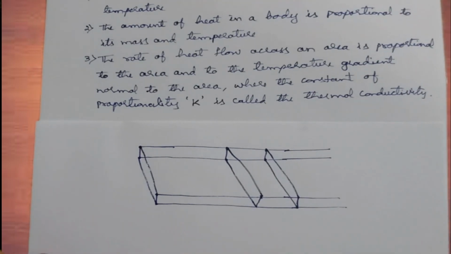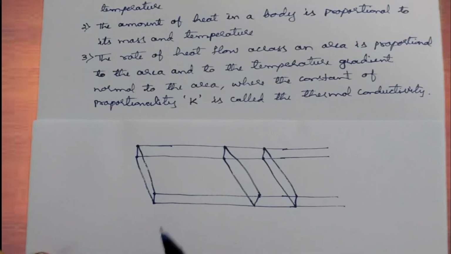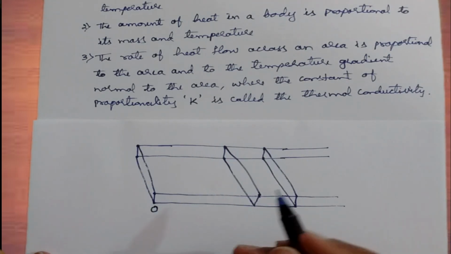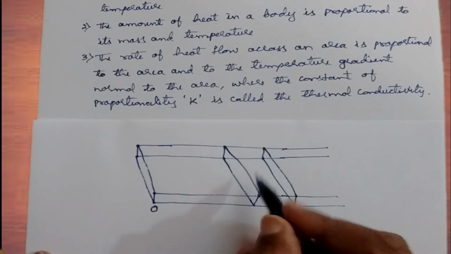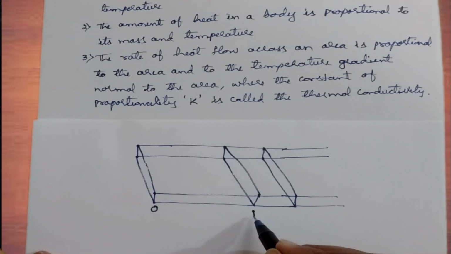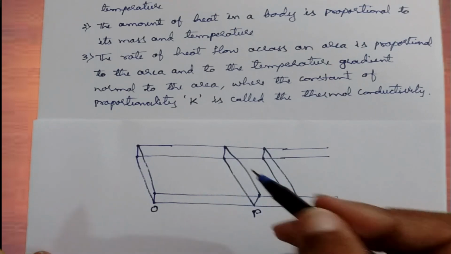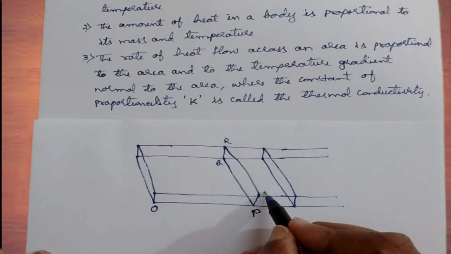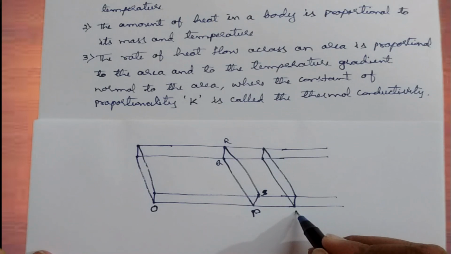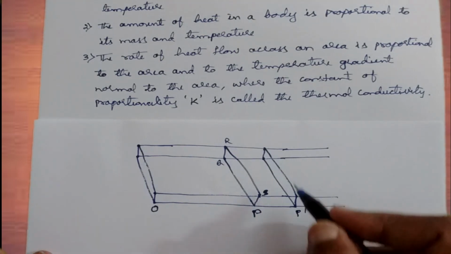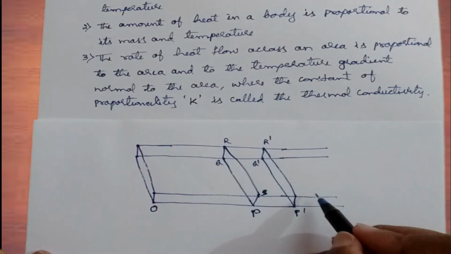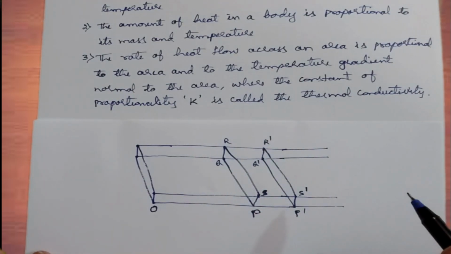Let us consider this rectangular slab, and let us consider the initial point of the slab to be O. Let this cross section of the slab be P, Q, R and S. The second cross section be P dash, Q dash, R dash and S dash.